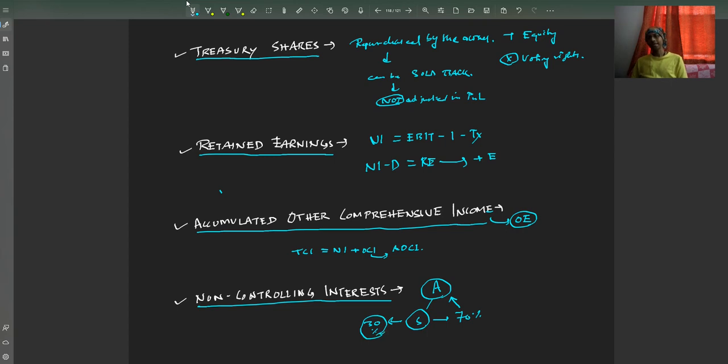Now this 30% is not excluded from the balance sheet of A. This 30% is included, and it is included as minority interest or non-controlling interest. So you are not basically excluding that 30% from your balance sheet. You are including it as part of owner's equity, but it is being mentioned as a separate line item called non-controlling interests.